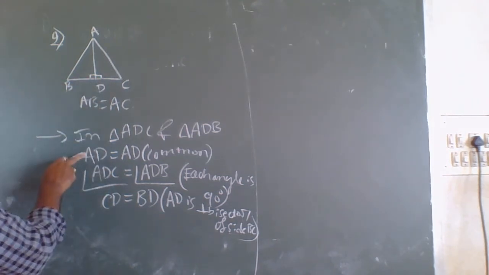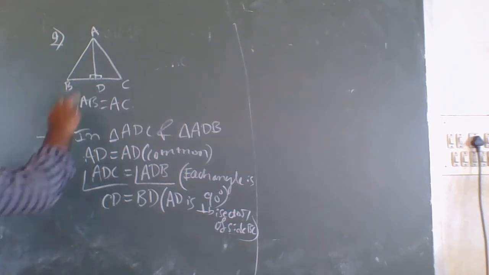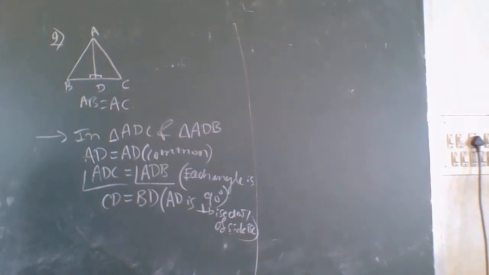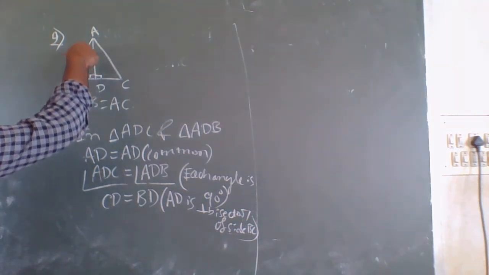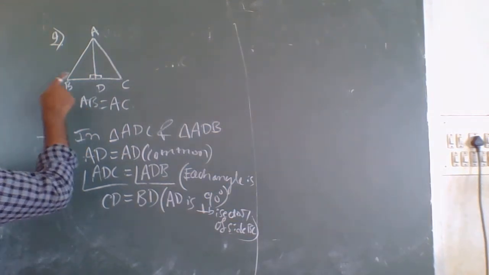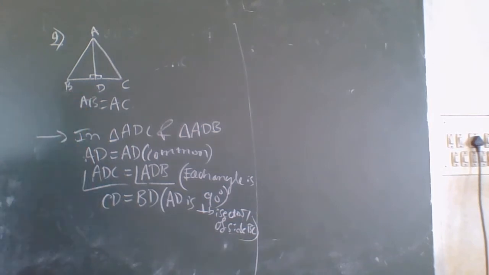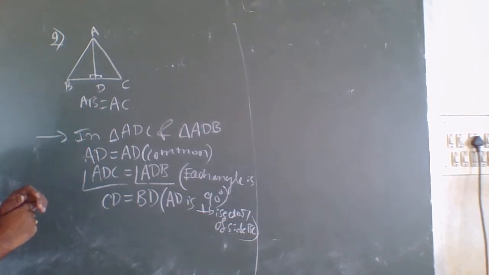Now, one side AD is common to both triangles and these two angles are equal to each other because AD is perpendicular to side BC. Therefore, these two angles are 90 degrees only, and AD is the bisector of side BC, means CD is equal to BD. Therefore, this is side, angle and side.